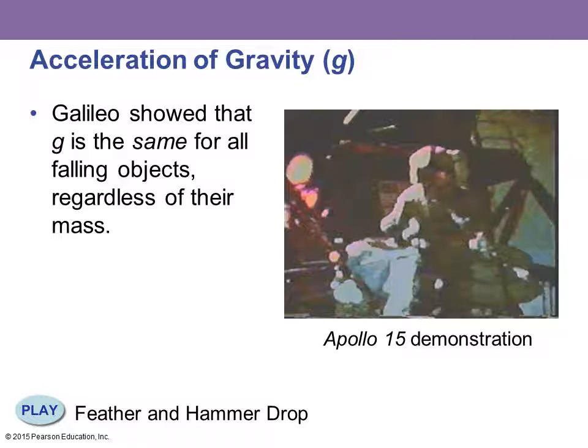Of course, the feather is going to be influenced by air resistance, so you need somewhere that air doesn't exist in which you can try this experiment, and that's where it was actually done in the Apollo 15 mission. I'll try to show you that video in class. But obviously there's no air on the moon, so air resistance is not a factor. We should be able to see any two objects falling at the same rate.